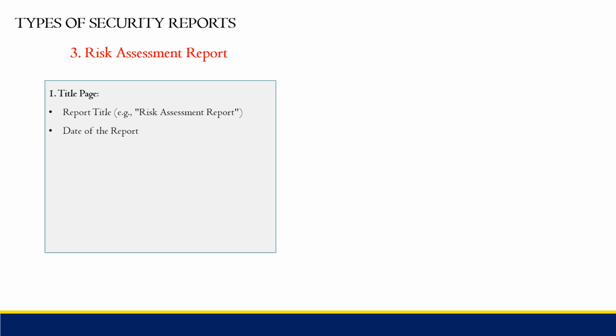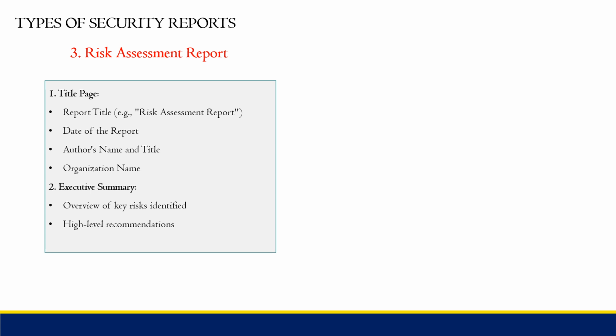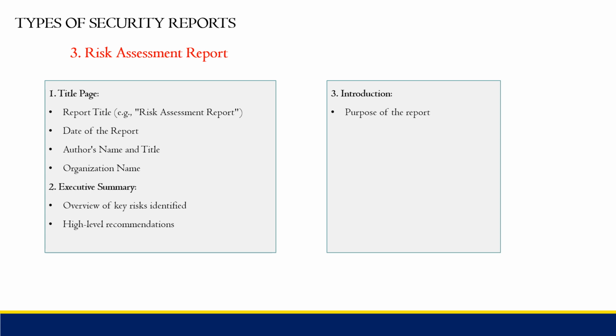We have the date of the report, the author's name and title, the organization name, and in 2, we have the executive summary, which includes an overview of key risks identified and high-level recommendations. 3, introduction, in which we introduce the purpose of the report, scope and objectives, background information.